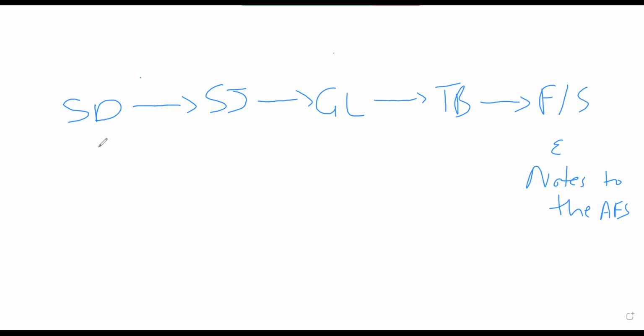So notice here what is happening. From the source documents all the way to the journals, what is happening there? What information are we recording? We are simply recording transactions.